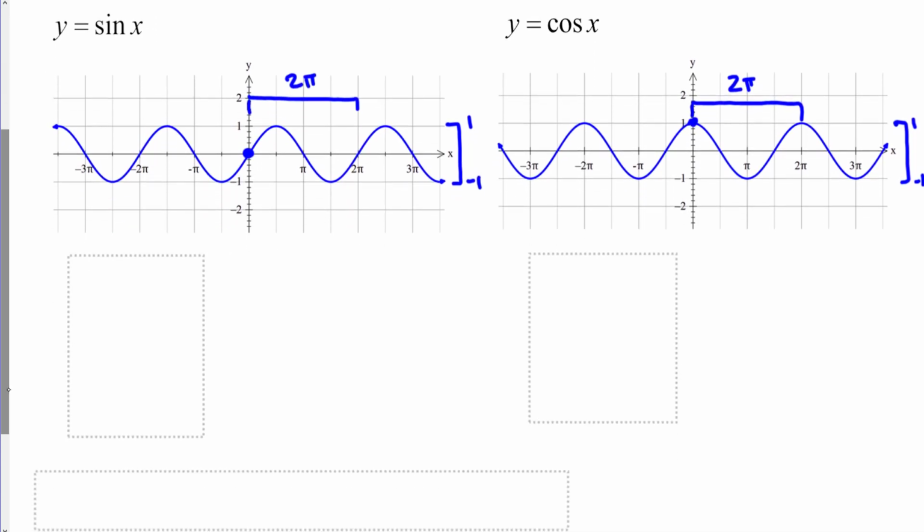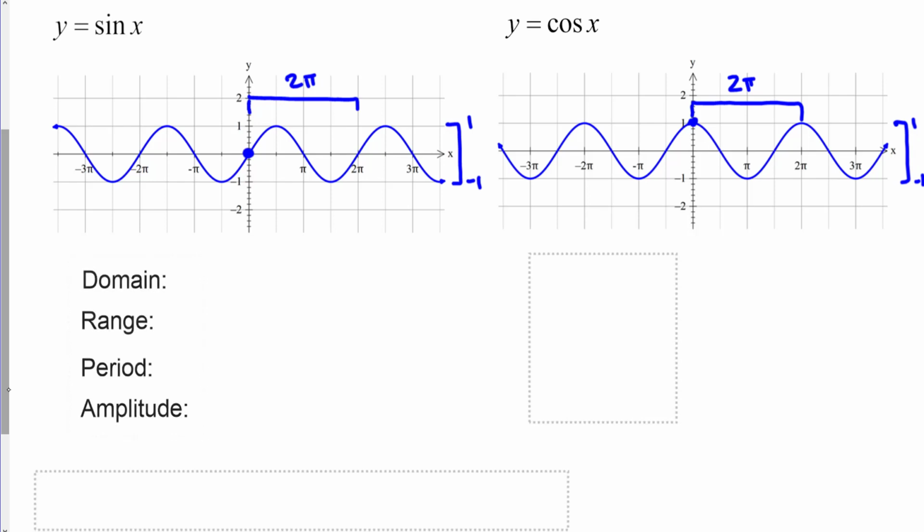They have important properties, such as the domain and the range, but then they also have what we call the period and the amplitude. The domain of the sine function is all real numbers. You can put any number that you want into the sine function, that is any angle measure that you want, and you're going to get something back out.